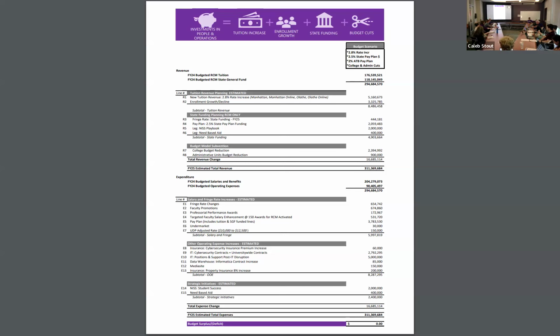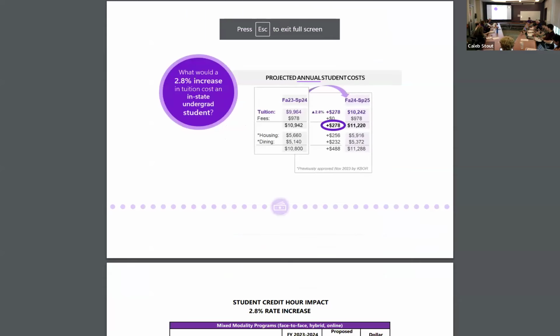Really, the rest of the materials in the packet are just additional information. I know there were questions last time about what a 2.8% increase looks like. This is the annual change in costs for in-state undergraduate students, an additional $278 to that annual cost, assuming 15 credit hours.